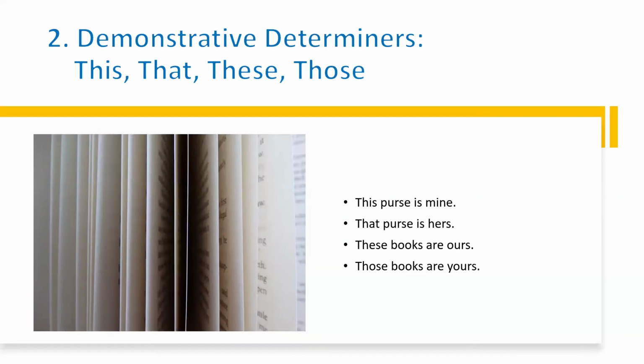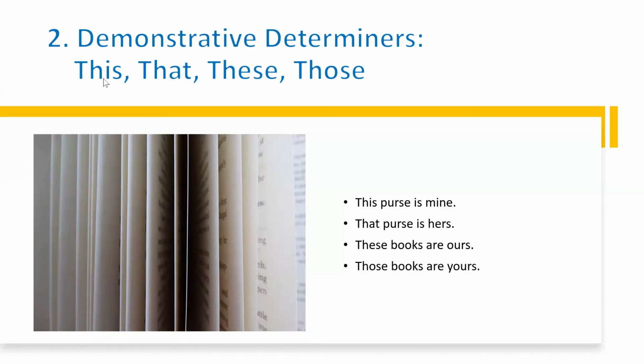After article determiners, number 2 is demonstrative determiners. The examples are this, that, these, those. Just understand the difference between this and that. They are used for singular objects, persons or things.